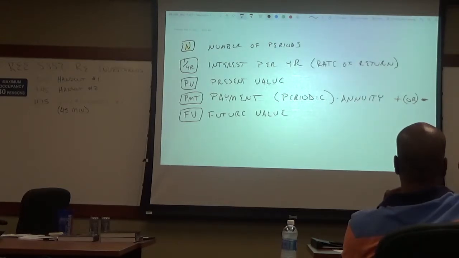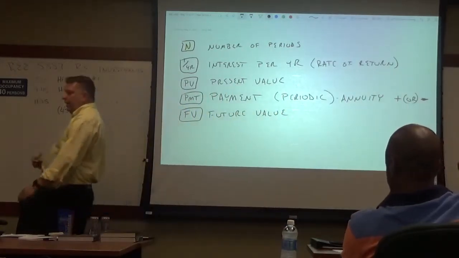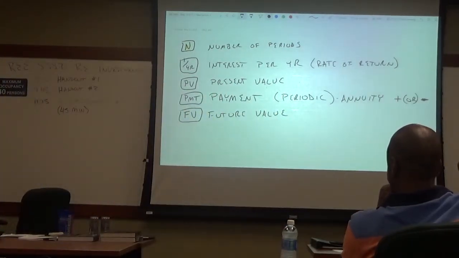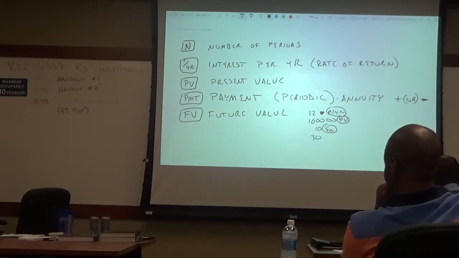For example, if we go back to the problem we worked earlier, we said 12 payments per year, 100,000 was our loan amount, 10% was our interest rate, 30 years was our term, and we calculated our payment, which was negative 877.57.